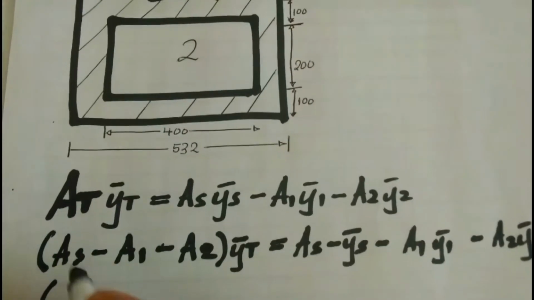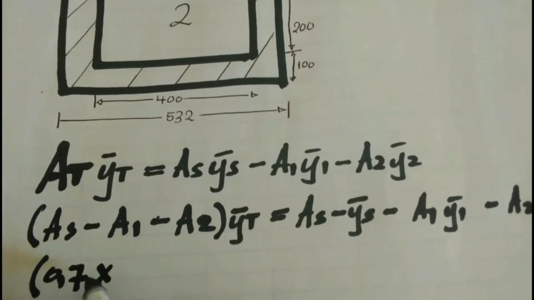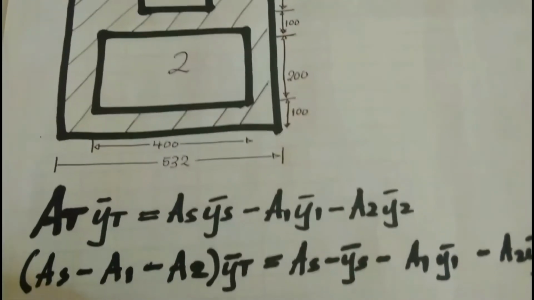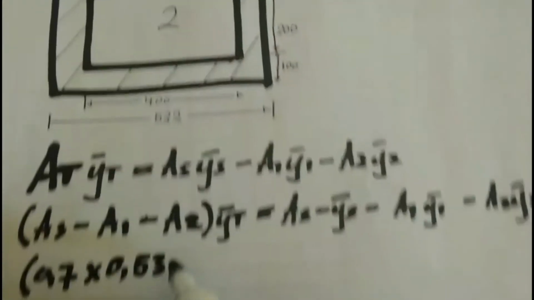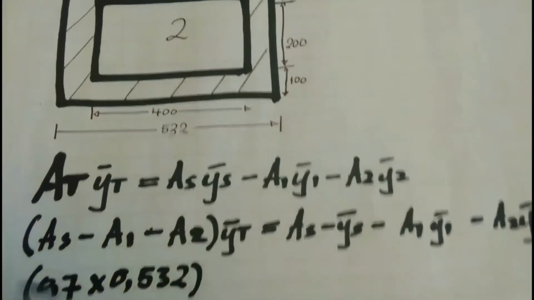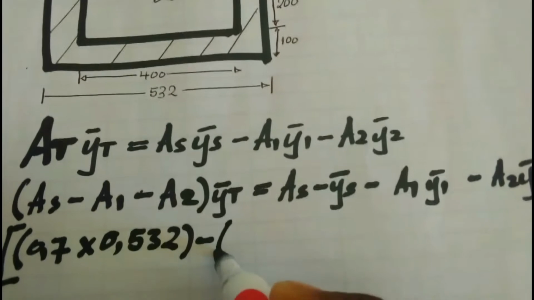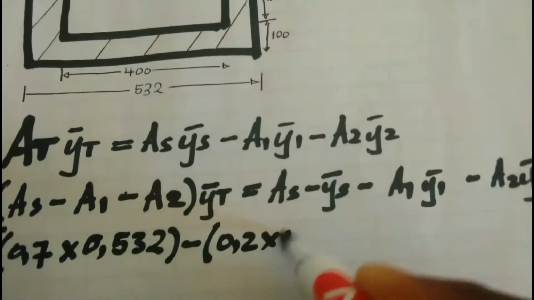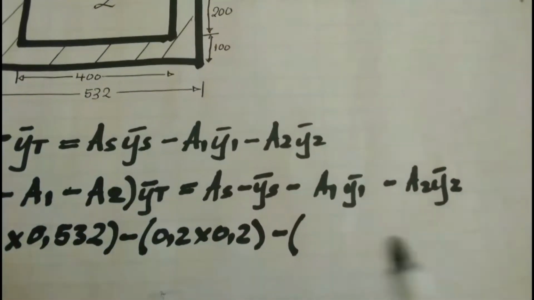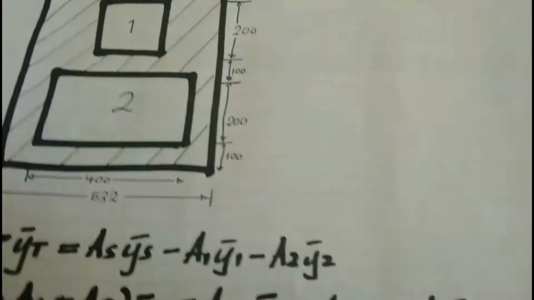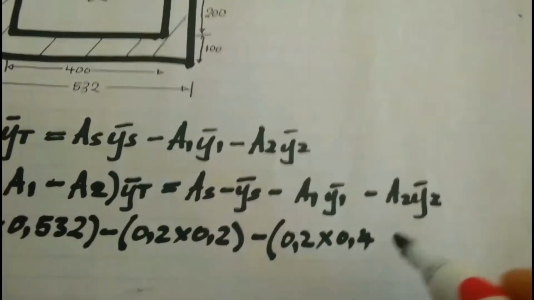So it's 0.7, and we multiply it by the total base, that is 0.532, right? And we're going to subtract for the square, 0.2 multiplied by 0.2, and subtract for the rectangle, 0.2 multiplied by 0.4.